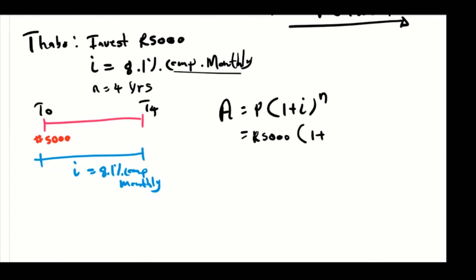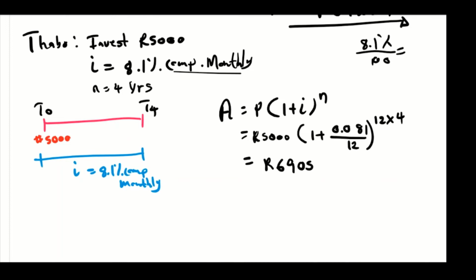You can convert that by saying 8.1% divided by 100 to get the proper number of 0.081. Then you divide by 12 because it's compounded monthly, to the power of 12 times the 4 years. So the answer that you need to get is 6,905.7.